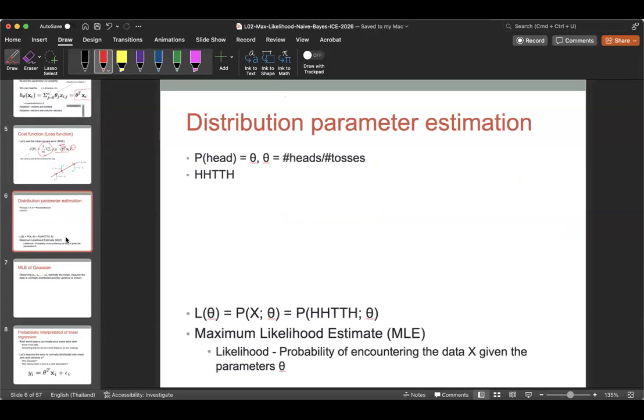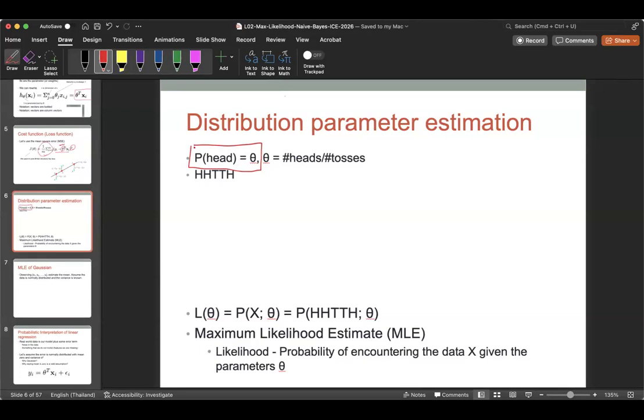So this part is a quick review of something you probably learned before, which is parameter estimation. Let's say I have a coin, which is either head or tail, and I want to estimate the probability of the coin landing heads.